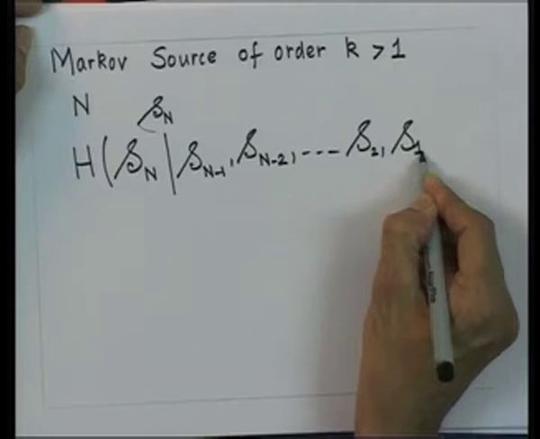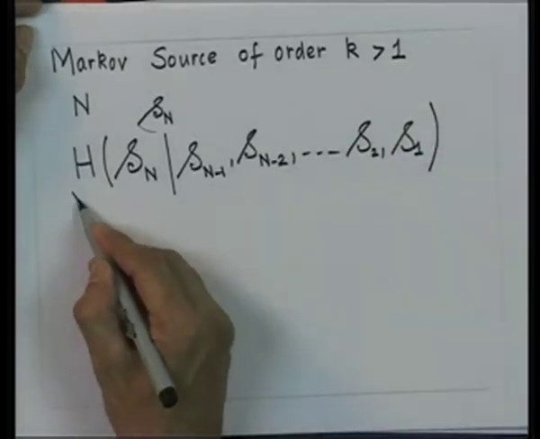So, if I use the general properties of entropy, then I can define the average additional information which I am going to get on the observation of Sn, having observed the preceding symbols, as H of Sn given Sn minus 1, Sn minus 2, and so on, continuing up to S1.